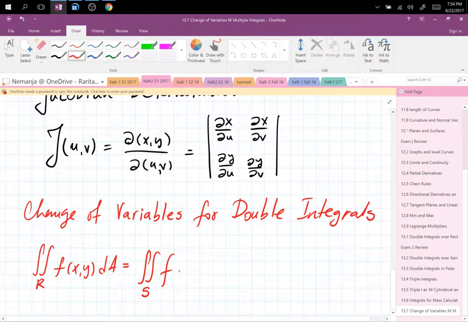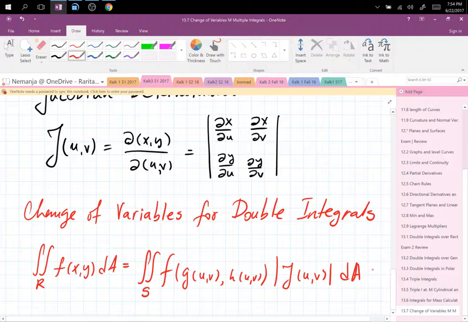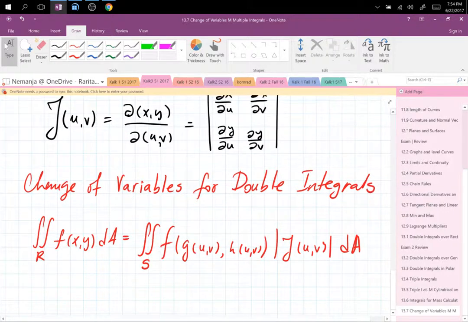You will then use the transformation to transform your function f using the functions g and h. Multiply that by the Jacobian, right? And you will have dA, which is now du dv. So the entire integral now becomes, in terms of uv, your region is S, everything changes to the new domain.